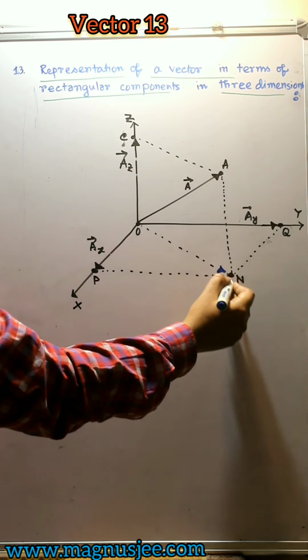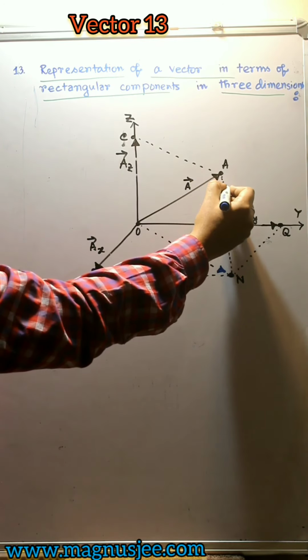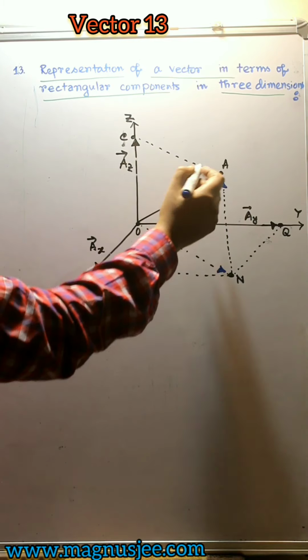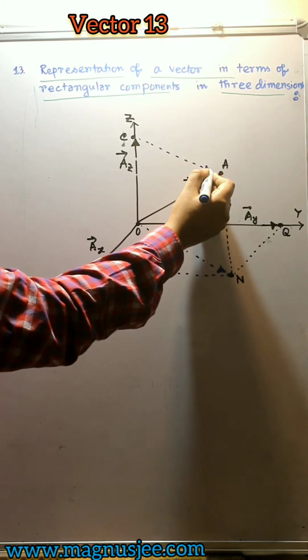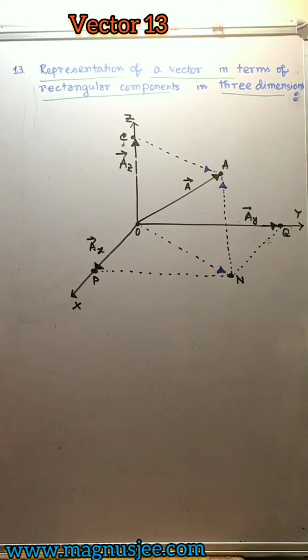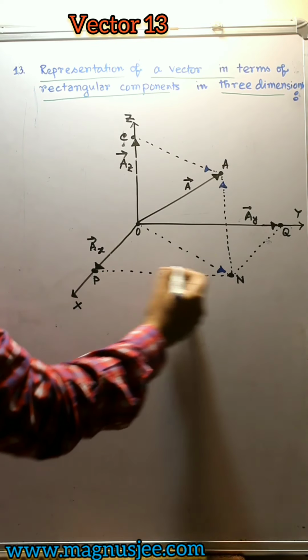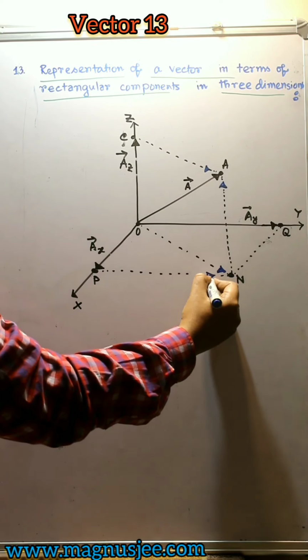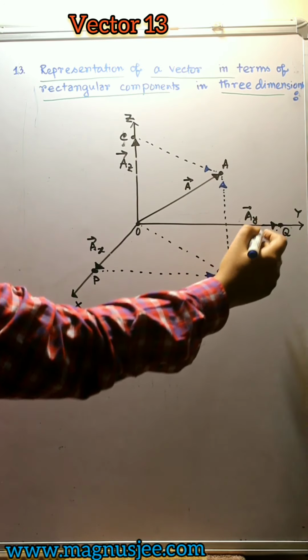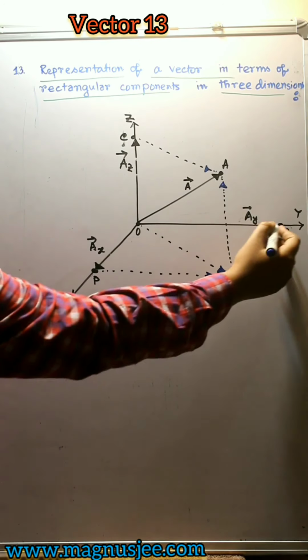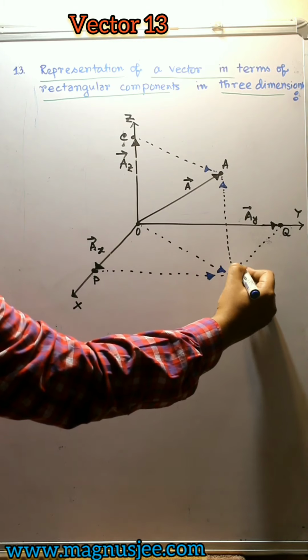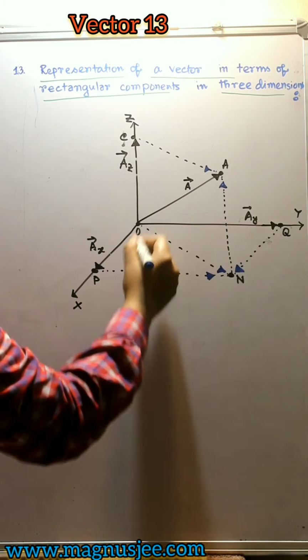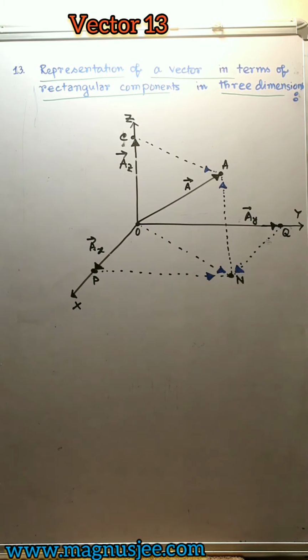Now we denote the direction of ON from O to N, NA from N to A, and CA from C to A. NP will have the same direction as the straight line OQ. So always try to denote the direction. Two parallel lines will have the same direction.